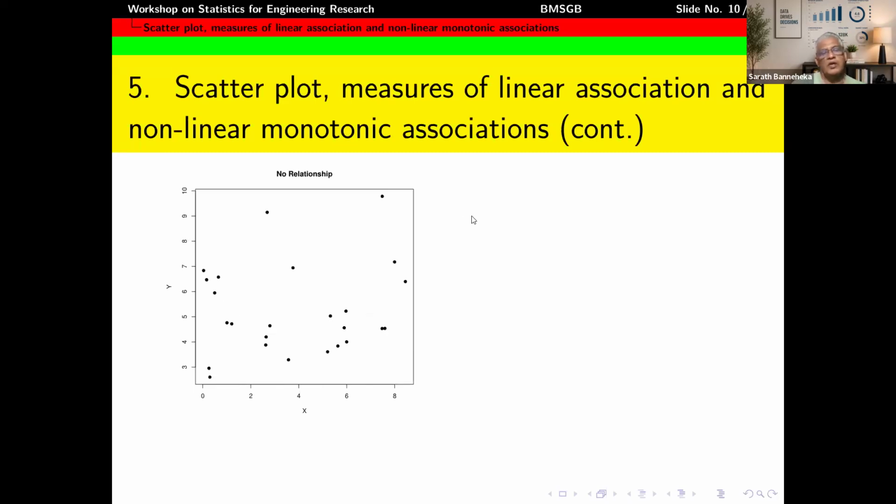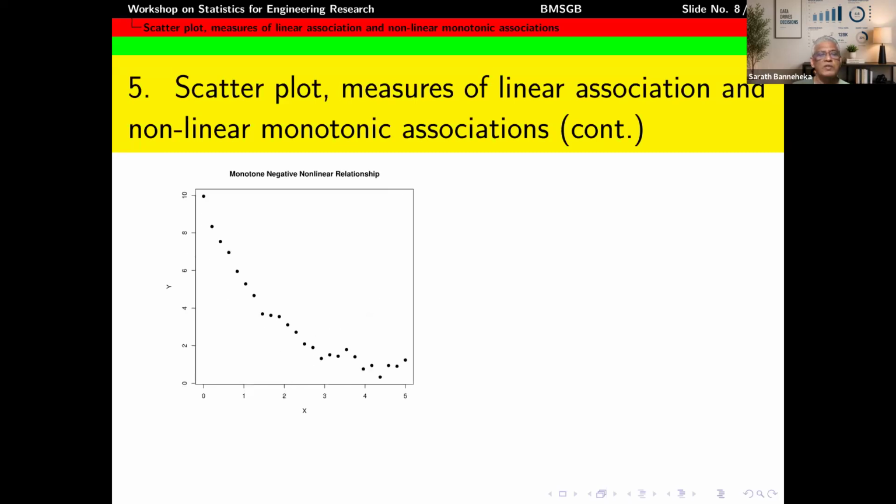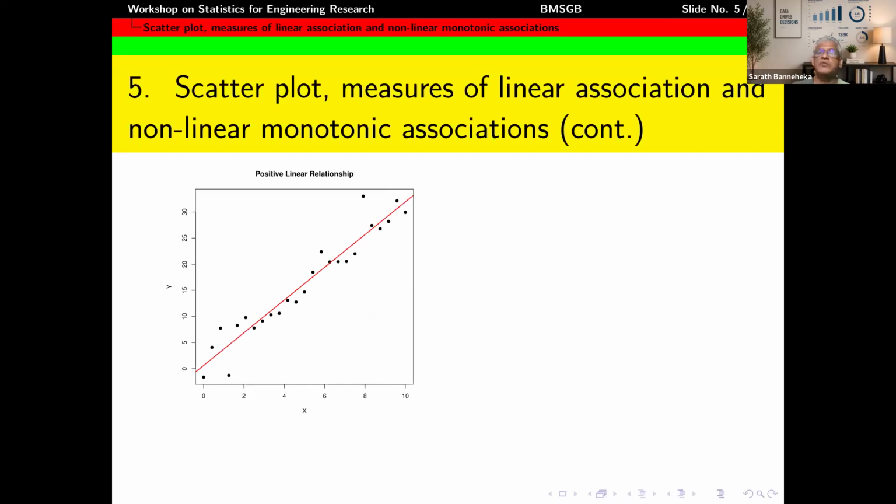If you consider this one, it is completely different from the previous ones. In the previous ones there was some pattern that we saw. Here, y values are increasing with x on average, in general.